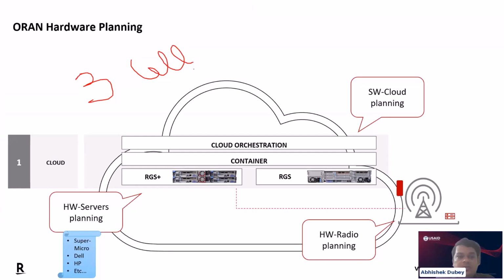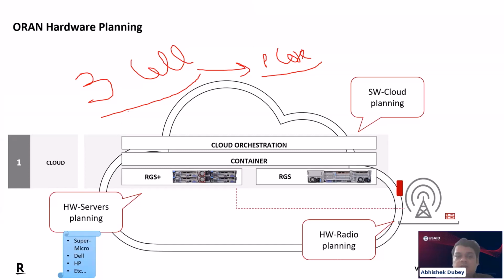There is a dimensioning from each core vendor of how many P cores, physical cores, are required, because these servers are going to give you physical cores or virtual cores. So how many physical cores are required to host these 3 cells?